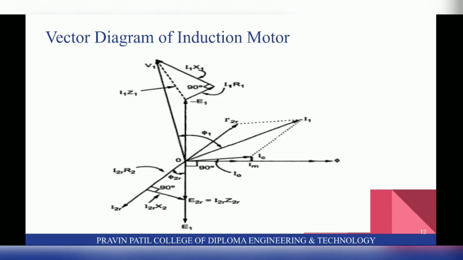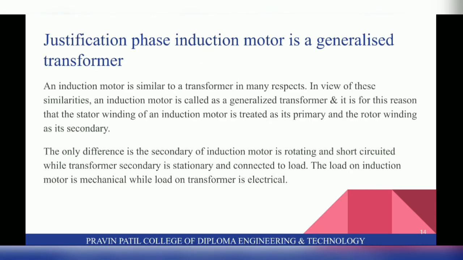Next is the vector diagram of induction motor. So this is the image of vector diagram of induction motor. Next is justification of 3-phase induction motor as a generalized transformer. An induction motor is similar to a transformer in many respects.